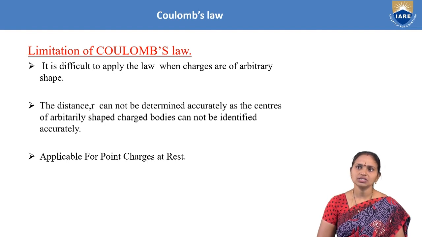And one more limitation is that distance R cannot be determined accurately, as the centers of arbitrarily shaped charged bodies cannot be identified accurately. If we cannot determine the center of the charged body, we cannot calculate the distance between the charge and the origin point. These are the limitations of Coulomb's law.